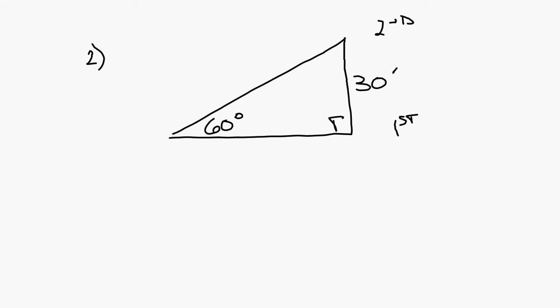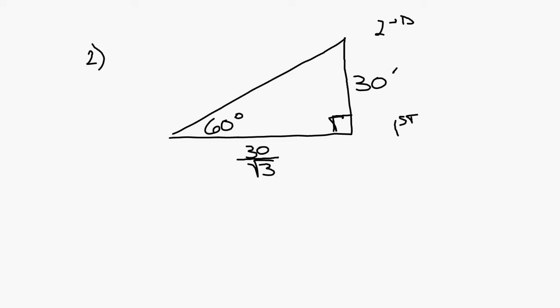This is a special right triangle. It's a 30-60-90 special right triangle. So this is your long leg, the 30. The long leg divided by the square root of 3 equals your short leg. 2 times your short leg gives you the hypotenuse.